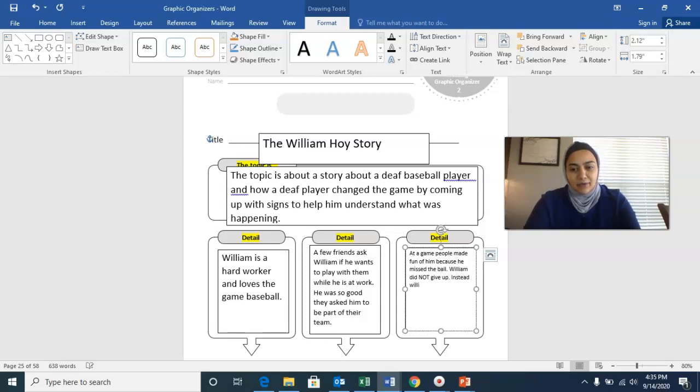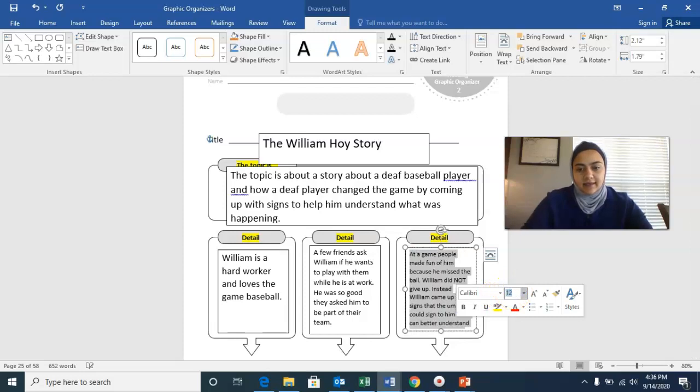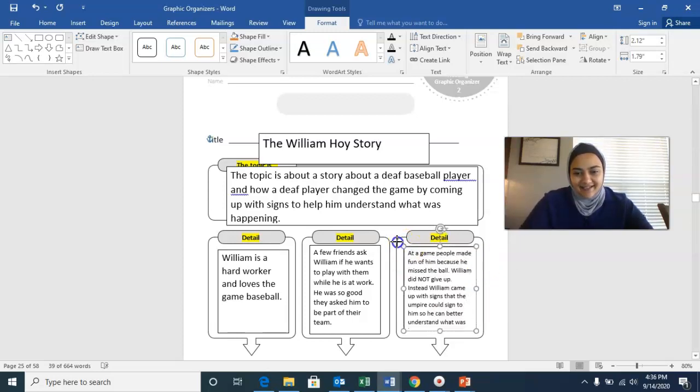William came up with signs that the umpire could sign to him so he could better understand what was happening. Right? All right, so I'm going to make this bigger so you can see it.